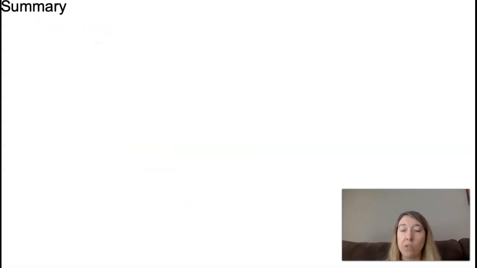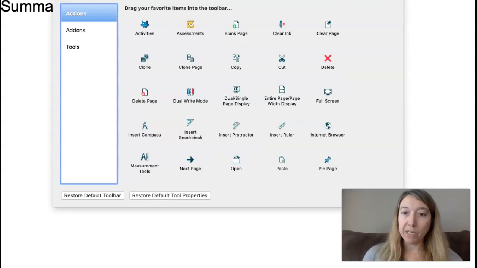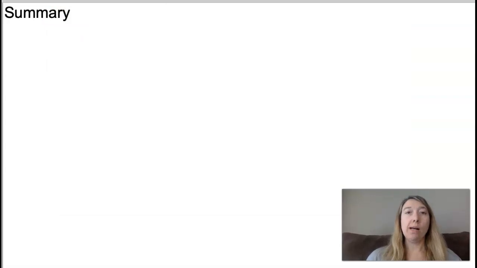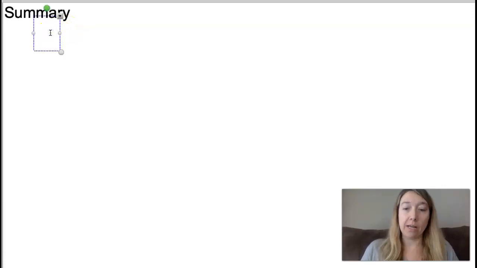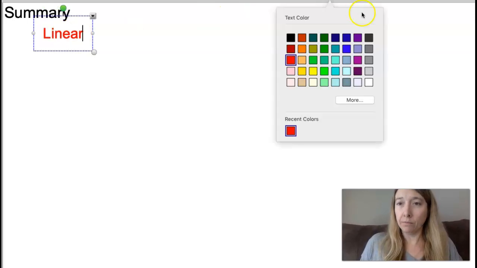So to summarize those shapes, we need to be able to recognize what shape we have based off of what we have around the central atom. So the first shape we talked about was linear.